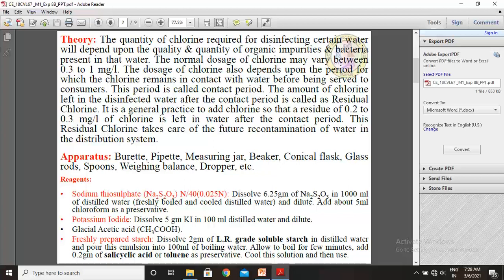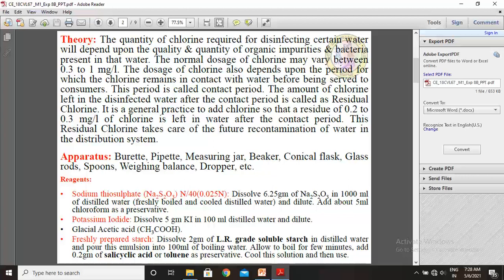Let us see. First reagent is sodium thiosulfate of normality N/40, that is 0.025 normality. How to prepare this sodium thiosulfate?